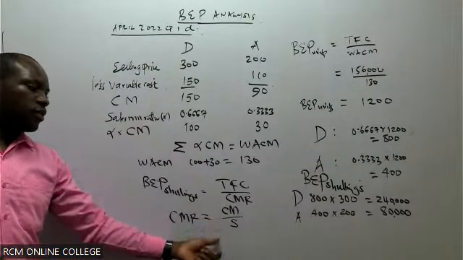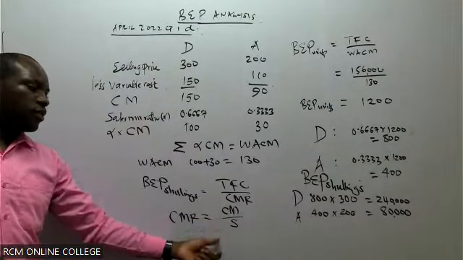If you decide again to say that all the 1200 units we multiply by the selling price of A, which is 200, you will be lying to us because you've included the units of D, which should be sold at what price? At 300. So again, what you're going to have there is wrong. But if you use the proportion here, you will be able to get the actual units of A, the actual units of D. And of course, you take now the actual units multiplied by the respective selling prices for the products.